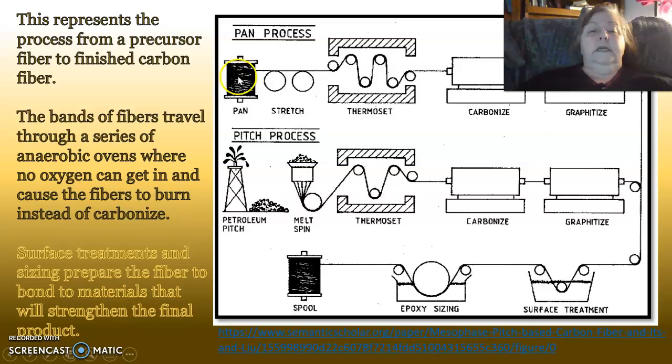The PAN process is outlined. You can follow it here. And then the pitch process. This is spun and then drawn through. With the PAN process, it's pre-spun, spooled, and then it goes through the process.